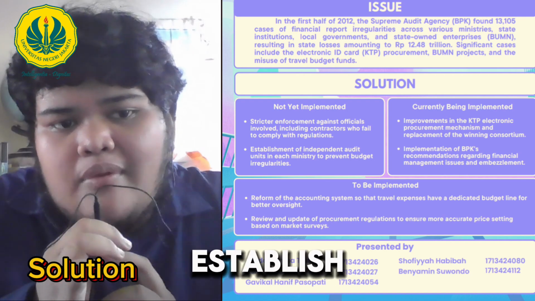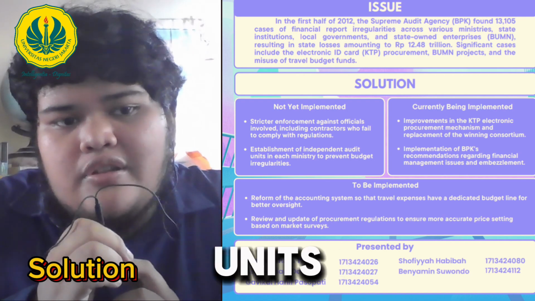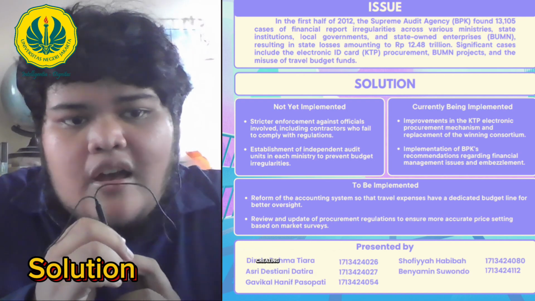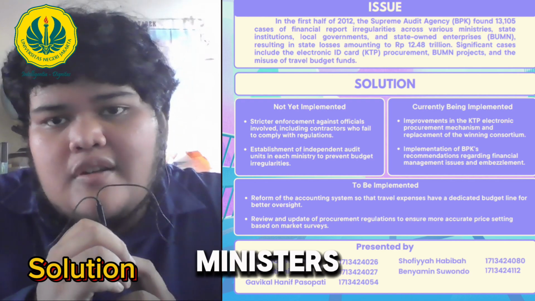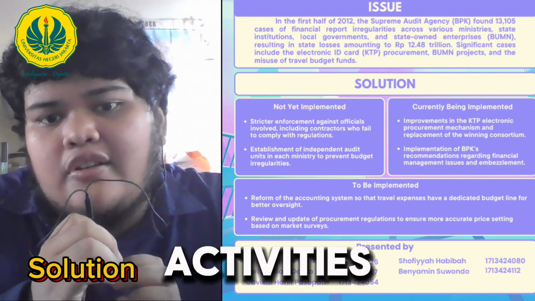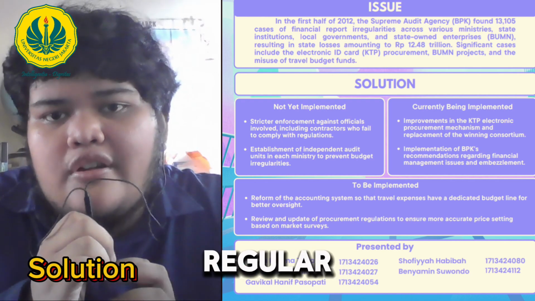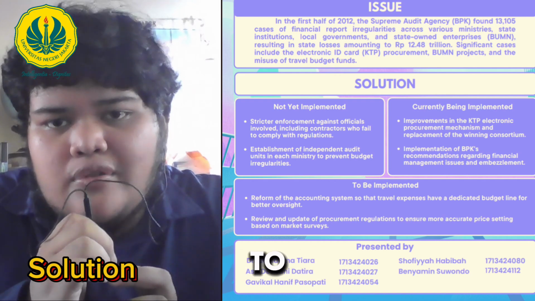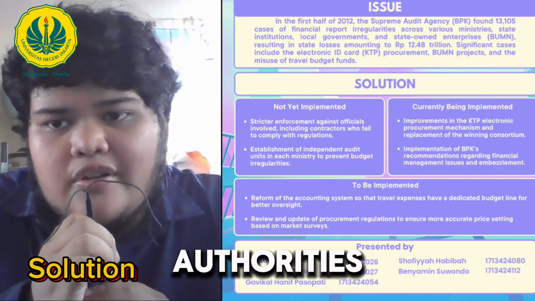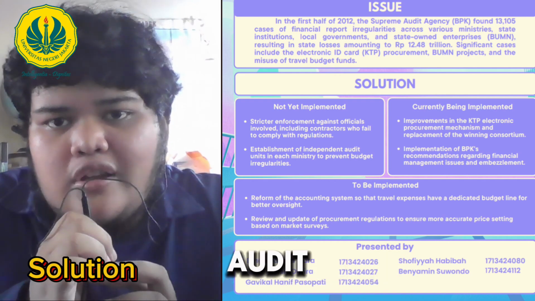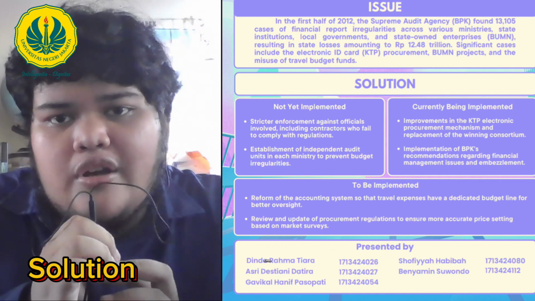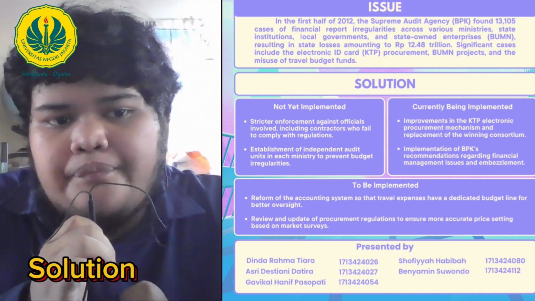Second is establishing independent audit units. This suggests creating audit units within ministries to monitor financial activities, conduct regular audits and report findings to independent authorities, like the Audit Board of Indonesia, or we call BPK.